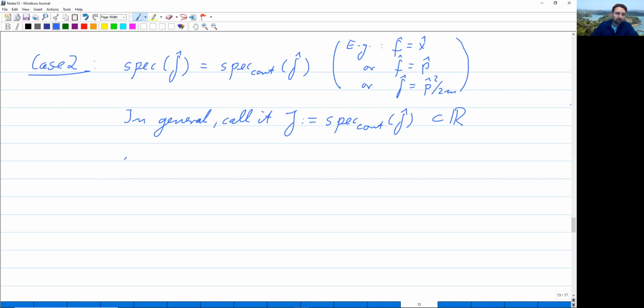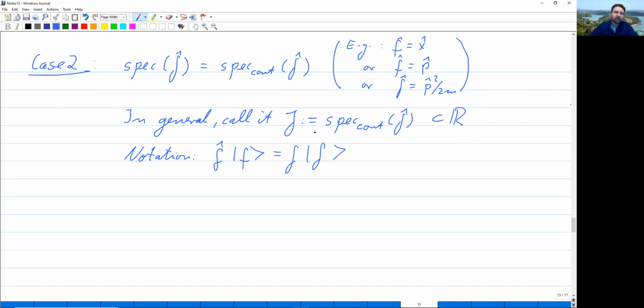Now the notation that we will use is this. We write f hat acting on f equal to f. You see, we could write here instead for the basis vectors, b index f, where f is the eigenvalue, right? We could do this, but nobody does that in the literature.